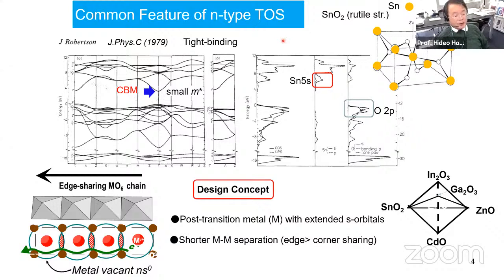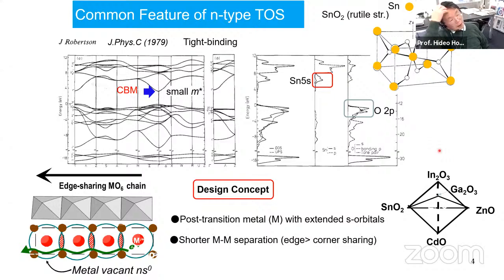That's why the edge-sharing structure is more favorable than corner sharing. These are the five components of the traditional oxide semiconductors: indium oxide, tin oxide, cadmium oxide, zinc oxide, and gallium oxide. Most of the oxide semiconductor chemical compositions fall in this trigonal bipyramidal region.